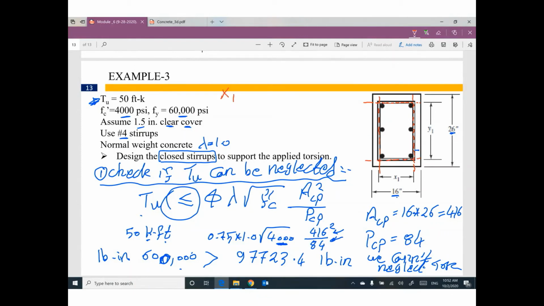This value of x1 equal 16 minus 2 cover, which is 1.5, plus, because I have a big bracket here, so plus, what is the diameter of number 4? Do you know how I can figure out the diameter?